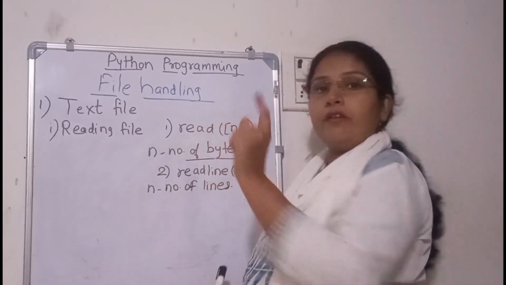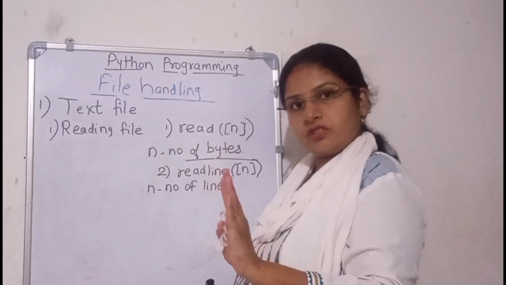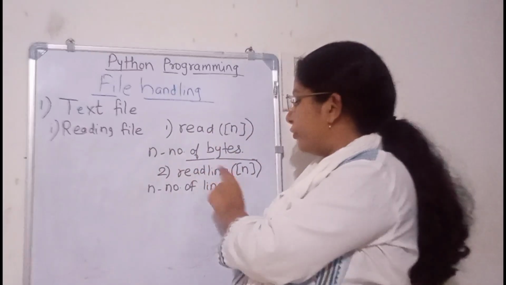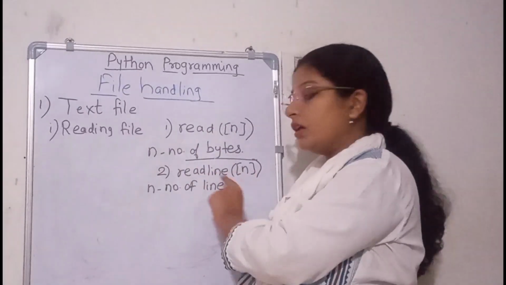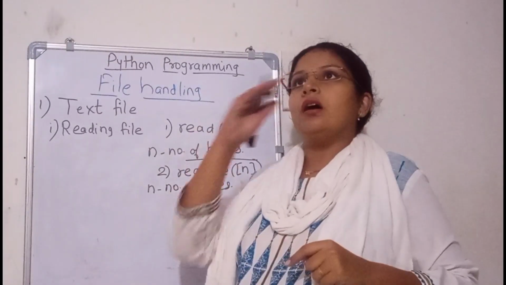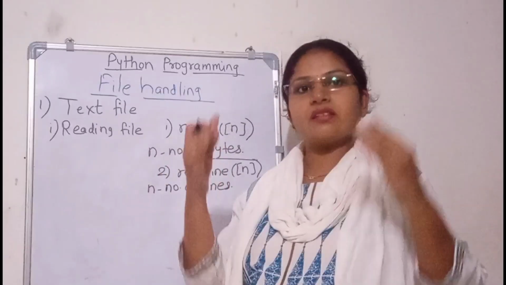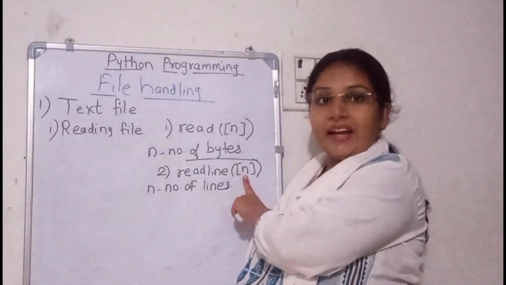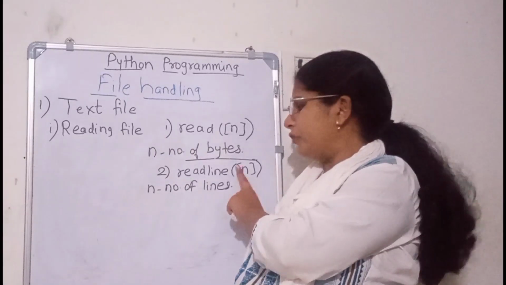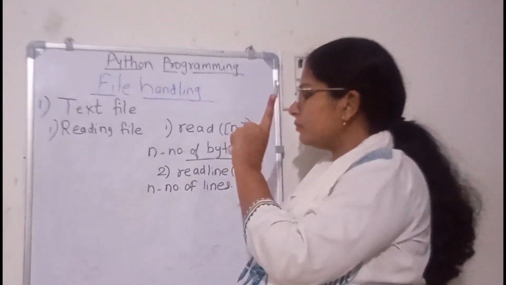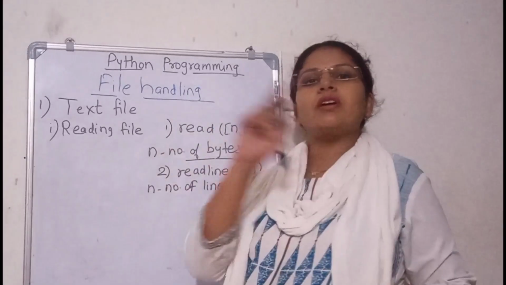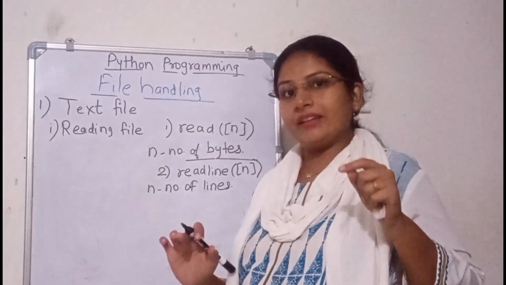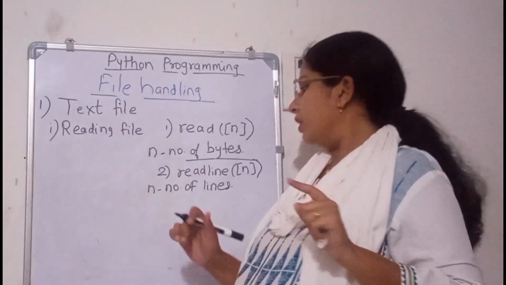Okay, if you are using read, just read, then n depicts the number of bytes. If you are using readline, n means number of lines, then 1 line, 2 lines, 3 lines, etc. And if you are not mentioning the n value here, by default the first line will be read. Okay, you are reading line by line, so the first line will be read.